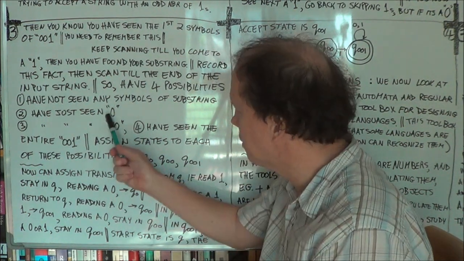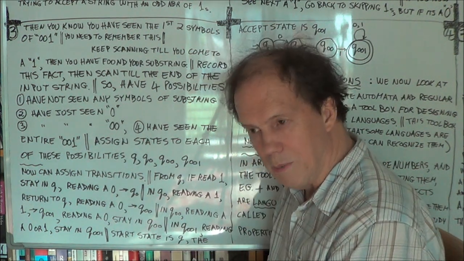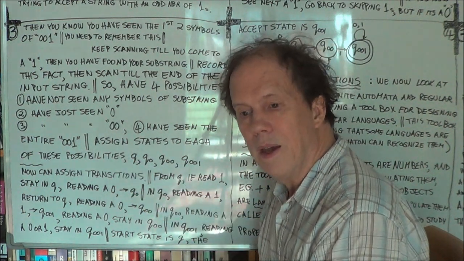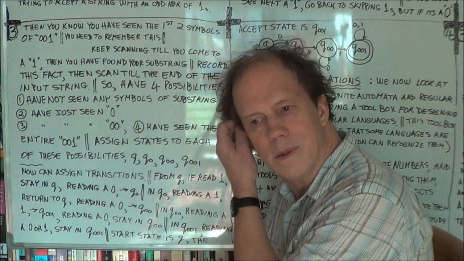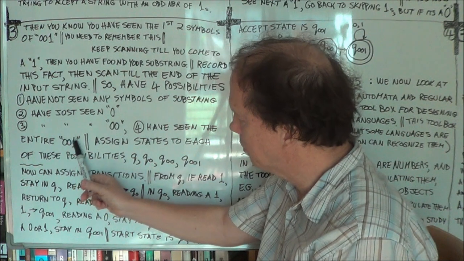Q0 corresponds to you've seen a 0. Q00 means you've now seen your second consecutive 0. And the 4th state would be Q001, which corresponds to you've now seen 3 consecutive symbols, 001.